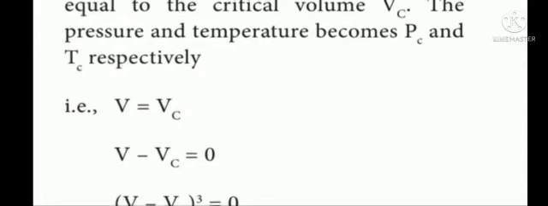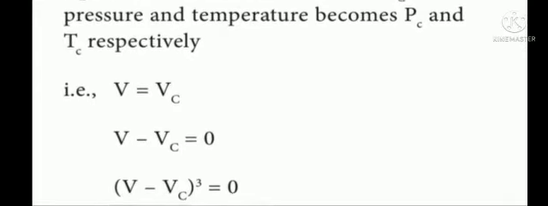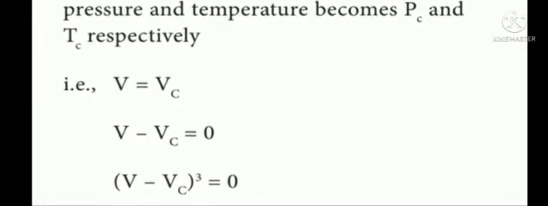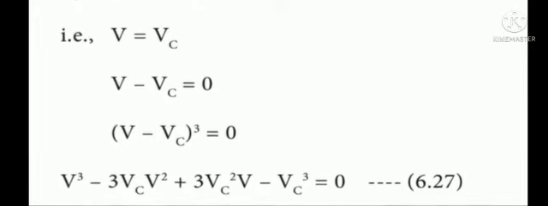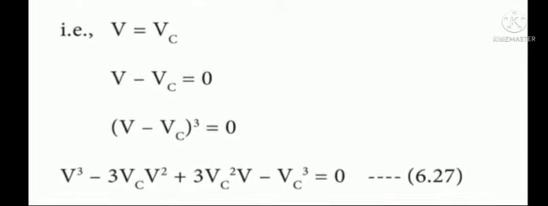Therefore, V - Vc is equal to 0. Hence, since the volume appears as a cubic function, (V - Vc)³ = 0. Therefore, (V - Vc)³ can be written as V³ - 3VcV² + 3Vc²V - Vc³ = 0. It is given by equation 6.27.